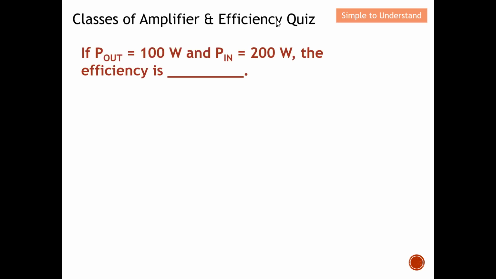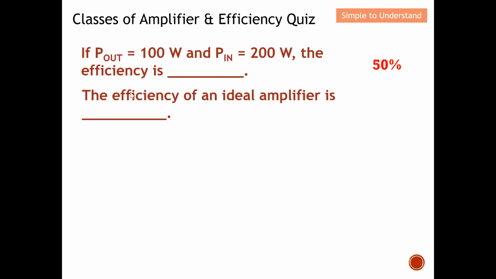Let's do a very quick quiz. For example, if I have a POUT of 100 watts and my input is 200 watts, you realize that I actually lost half the power. At the input I have 200 watts, and at the output I only achieve 100 watts, so I lost 100 watts. Hence the efficiency is 50%.